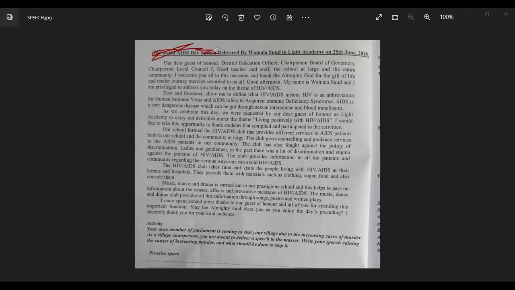You're going to invite the head teacher. So first of all, you will talk about the head teacher. Give us the details that we need to know about the head teacher. And then last, you go ahead and give the head teacher the role that you have been asked to give.